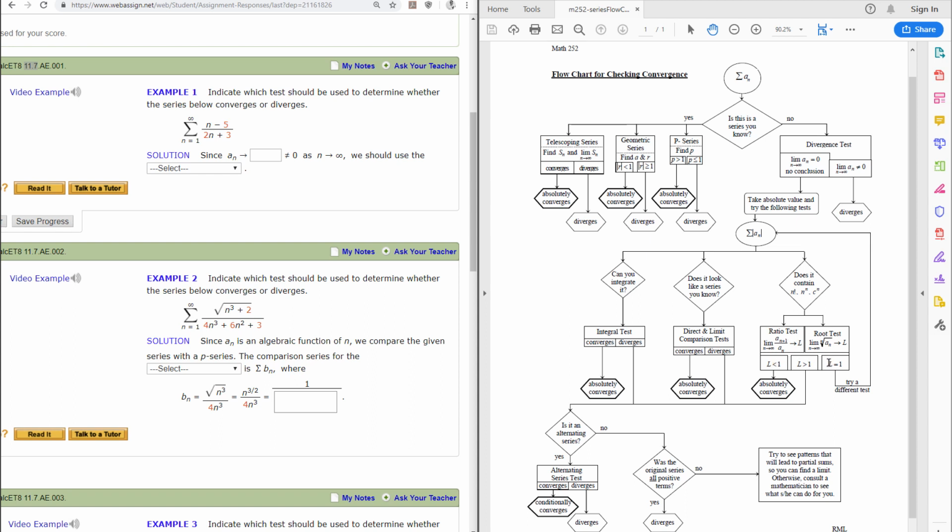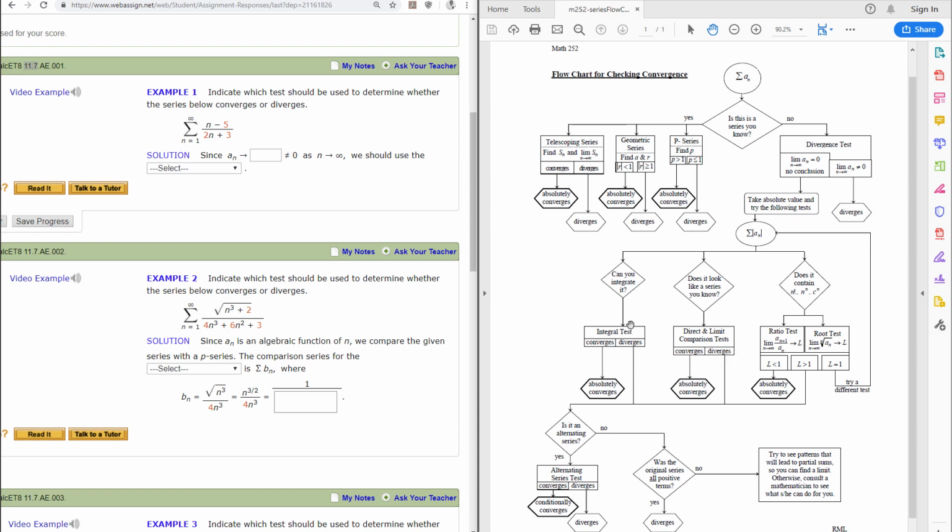For the ratio test and root test, if your limit is less than 1, you converge. If it's bigger than 1, you diverge. And if it's equal to 1, you have no conclusion, in which case you have to try again. The ratio test and root test give the same result. So if that didn't pass, then you would either integrate or use a comparison test.